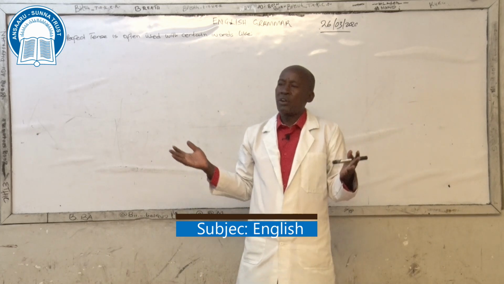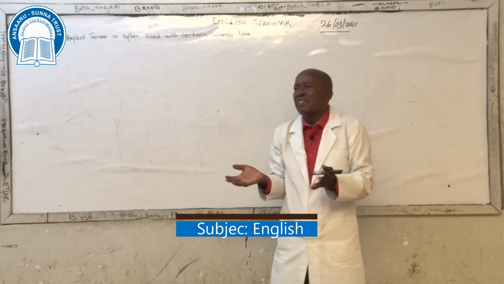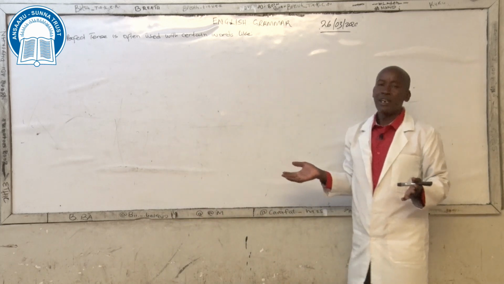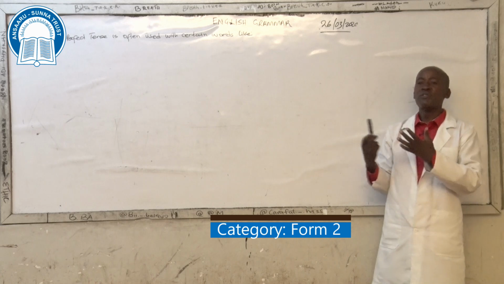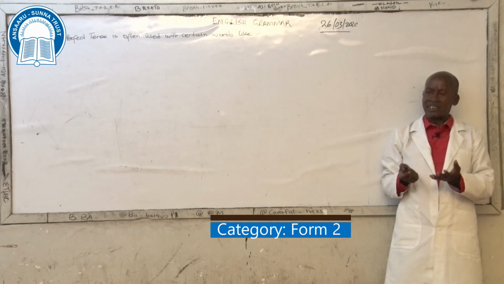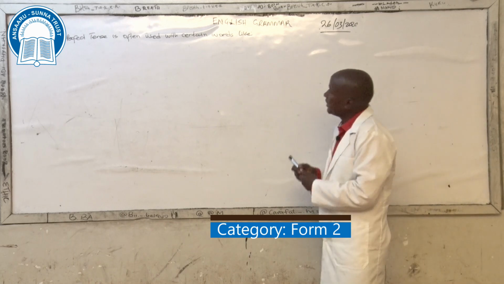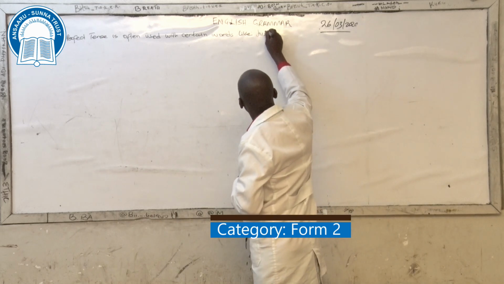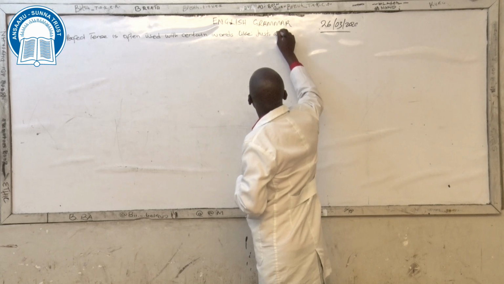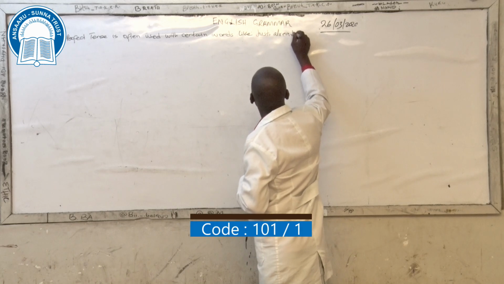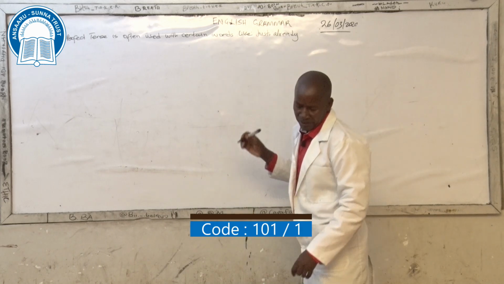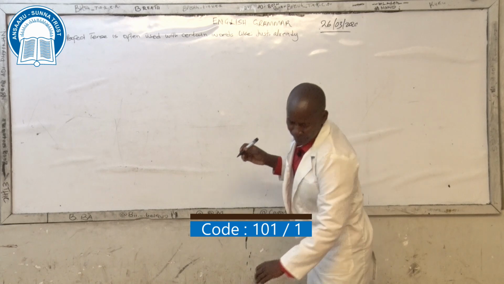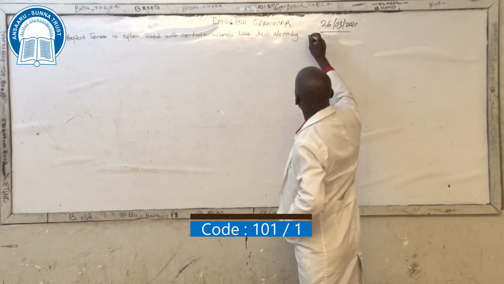We want to look at what meanings or implications such words would convey when they are used in a sentence.